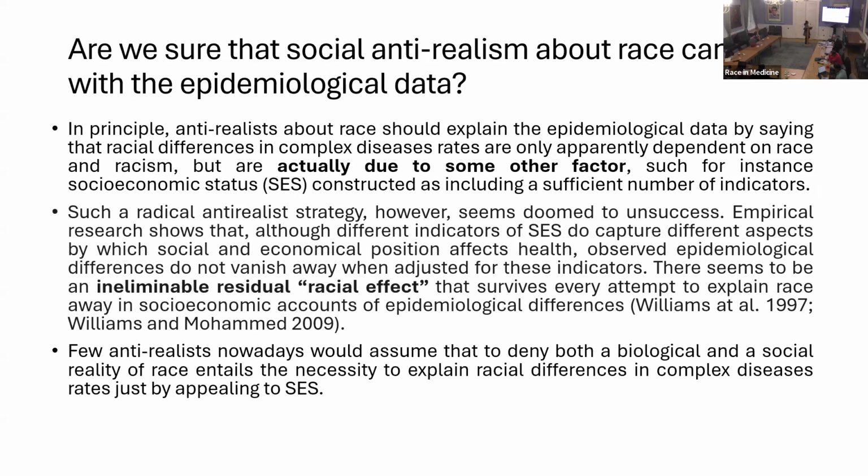But are we sure that a social anti-realist about race can deal with epidemiological data? In principle, anti-realists about race should explain the epidemiological data we have seen before by saying that racial differences in complex disease rates are only apparently dependent on race and racism, but are actually due to some other factor, which of course is correlated with race, such as socioeconomic status constructed as including a sufficient number of indicators.